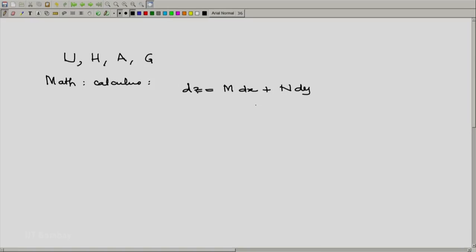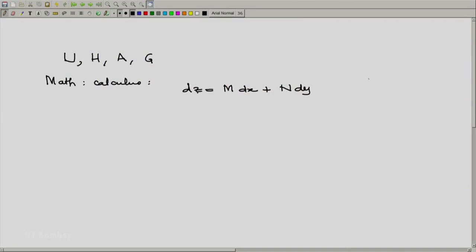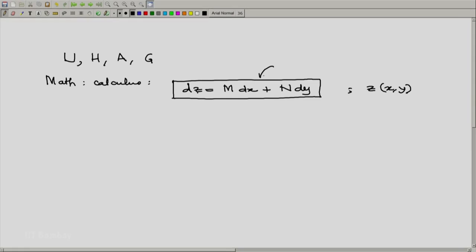And because Z and all other functions which come into here are properties, their differentials are exact differentials, because Z is a proper function of X and Y. Mind you, any expression which looks like this need not be an exact differential.